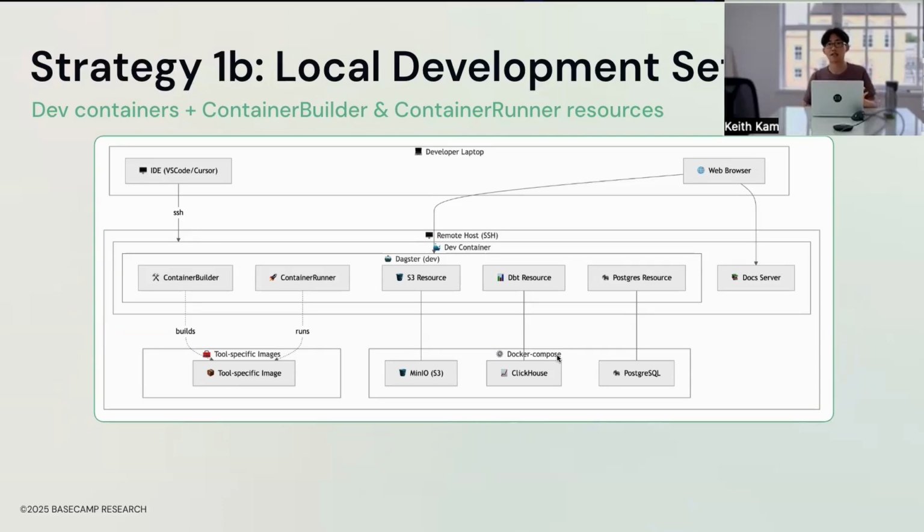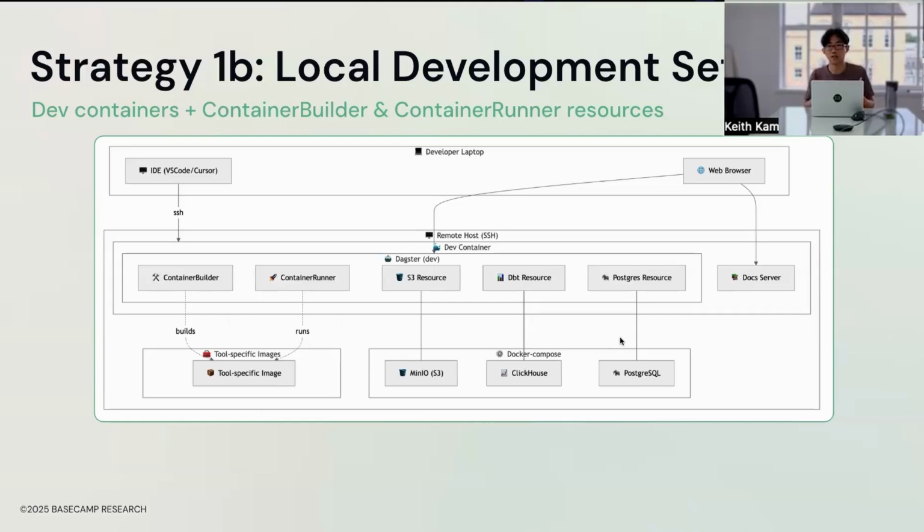ClickHouse instance. So as you can see here, we have what we were earlier talking about, which is how do we install different tools? We don't run them inside of the dev container or the Dagster environment or code location immediately. We have a resource-based abstraction that then builds these tool-specific images and invokes them with container runner, which is another resource. And then we have all the auxiliary services. So let's say we use MinIO for an S3-like interface.